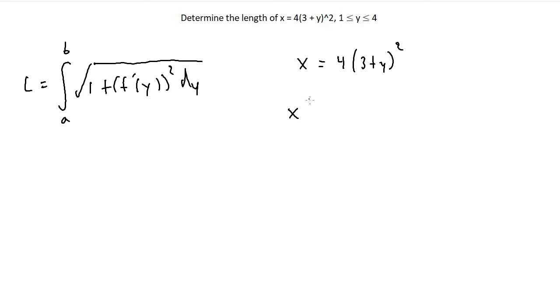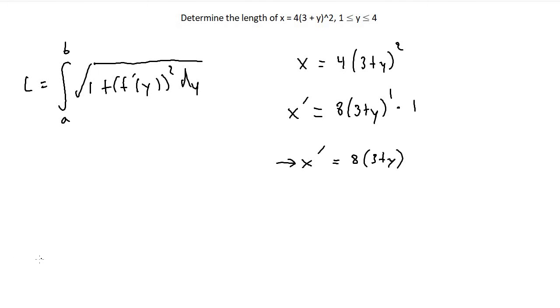So once again we're going to have to use the chain rule. So we bring the 2 down. So we have 4 times 2 is 8 times 3 plus y, and we can subtract the power by 1. So 2 minus 1 is 1, multiplied by the derivative of the inside function, and the derivative of 3 plus y is just 1. So x prime is going to be equal to 8 times 3 plus y.